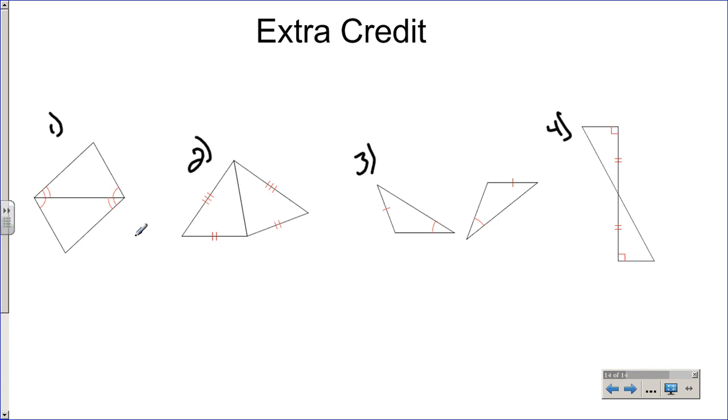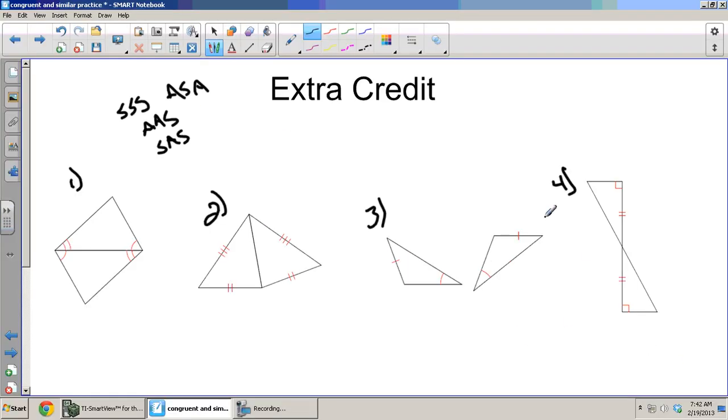If you put yes, I want you to put which shortcut proves that they're congruent. You can put side, side, side, angle, angle, side, side, angle, side, or angle, side, angle. It's one of those 4. Alright? Turn those 4 questions in and get your extra credit.